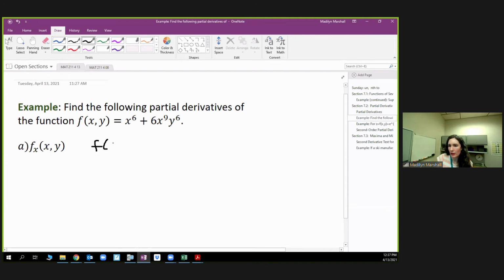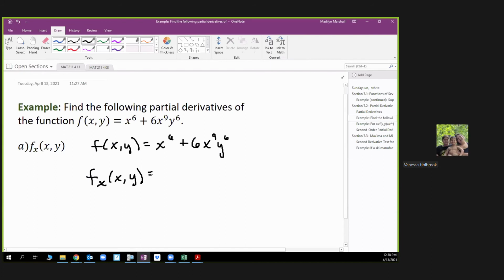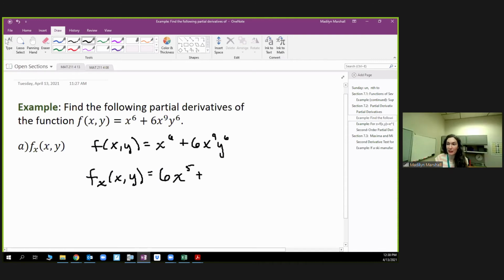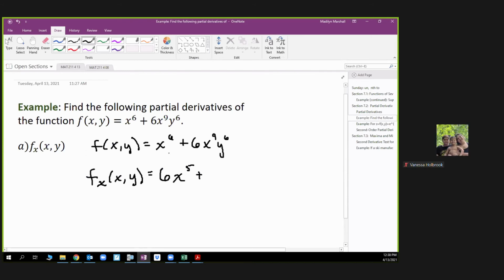I'm just going to rewrite the function again. Six x to the 5th plus 54x to the 8th, y to the 6th. Right, exactly. So our first term is just x to the 6th, so the 6 comes down, power rule.